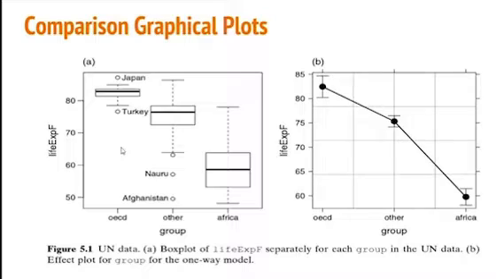So take a look at that. That's sending a message. Of course, the effect plot you are seeing on the other side is also telling the same story, that the mean is not the same. But let me tell you this.